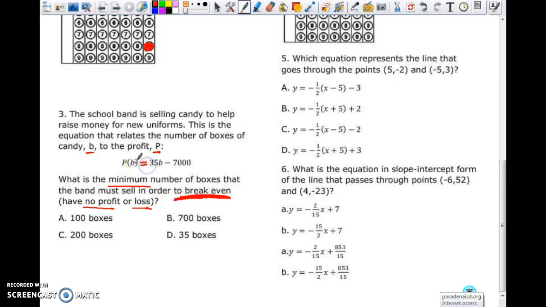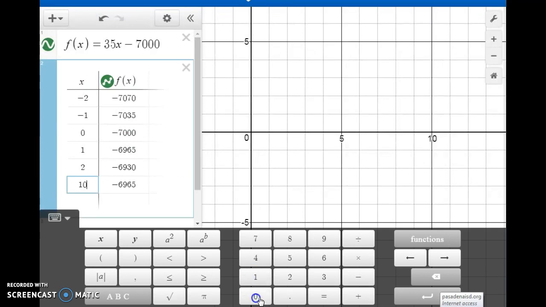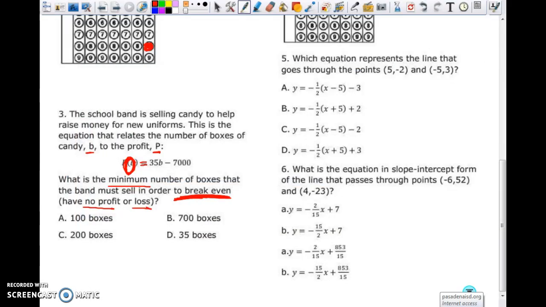So for X, if I put in 100, do I break even? No, it still says that I'm at a loss, right? So let's try the other one, 200.